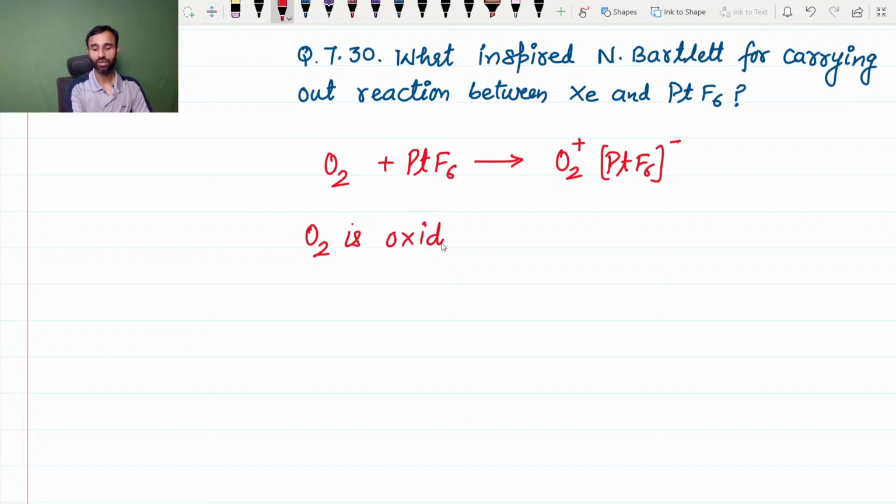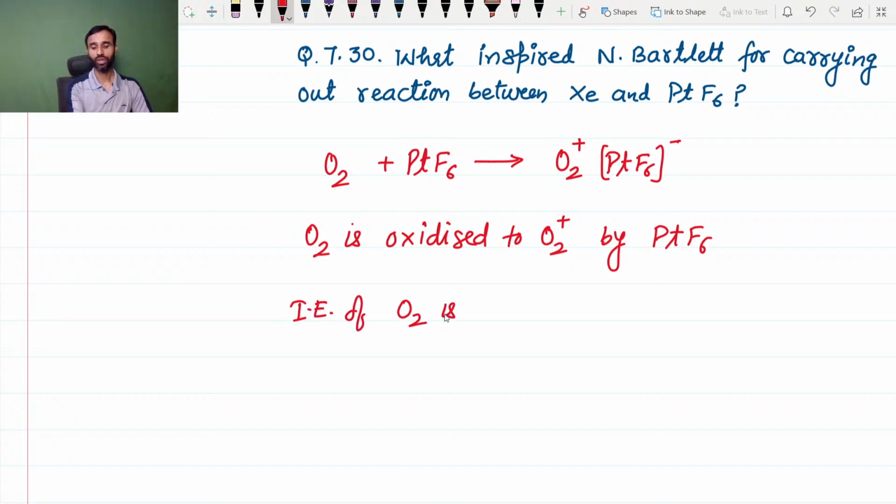In this way, PtF6 oxidizes O2, means O2 is oxidized to O2 positive by PtF6. Now, when this compound was formed by N. Bartlett, he knew that the ionization energy of O2 is very close to xenon.